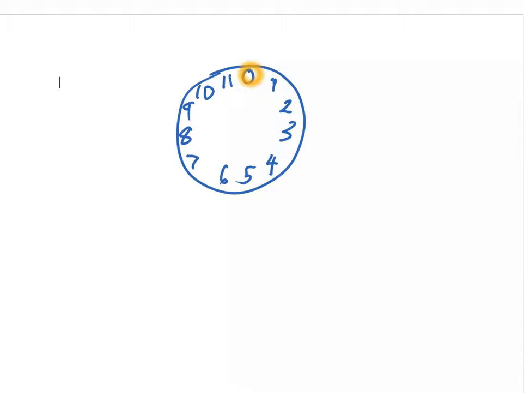In fact, you might be familiar with 24-hour time. So you get around to midday, which is 12 o'clock. So I'll just pop that up on here, 12 o'clock. And then it goes to 13, 14, 15, 16, and so on.